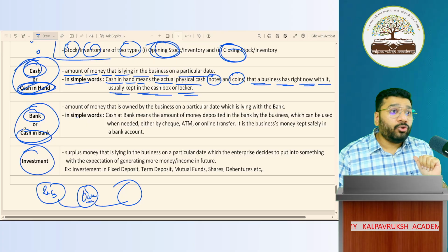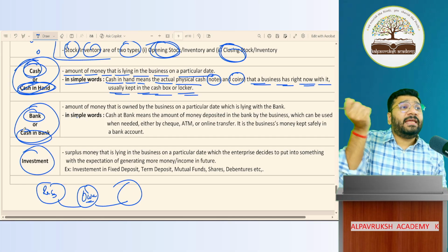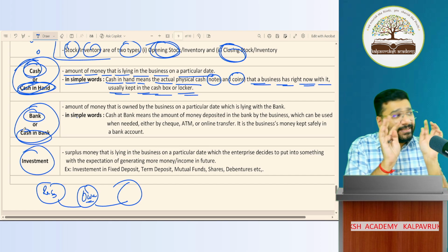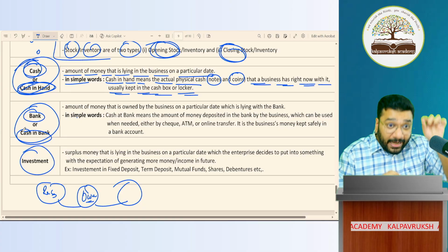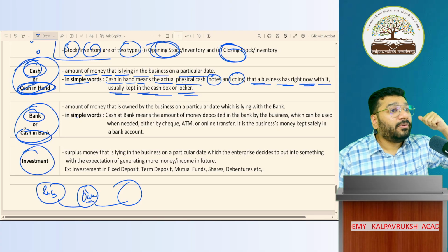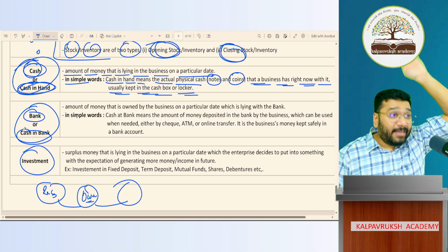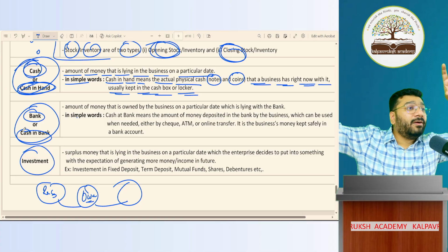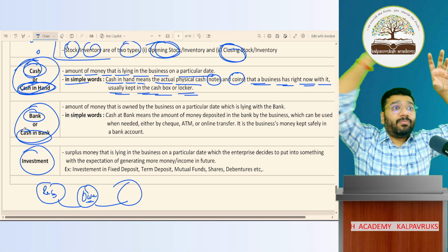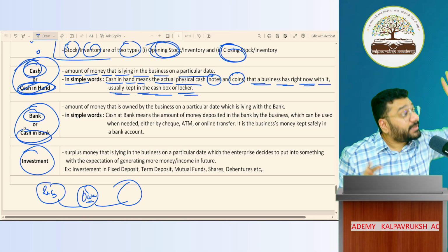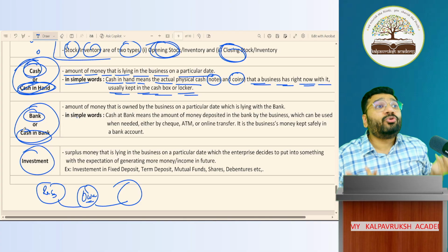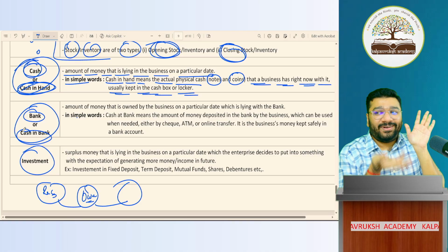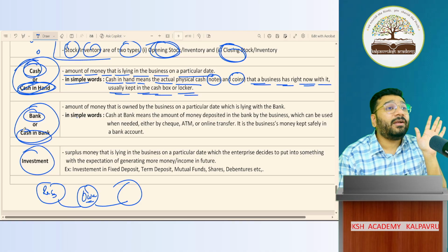I used to give 50,000 to the bank, the bank used to give one DD, like a cheque but little different. That DD I used to courier to Delhi. DD is demand draft. Then he will put it in the bank and get money. This entire process would take several days. Today, one click of the button, GPay, amount received, amount paid. Got it, not got it?